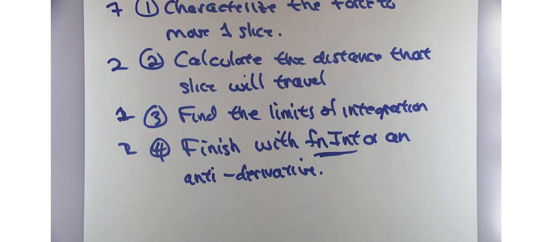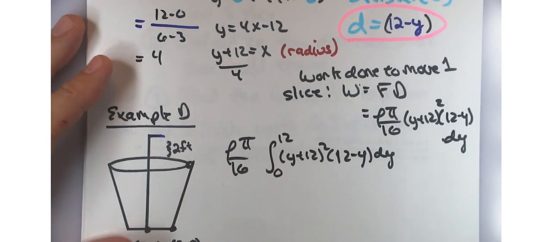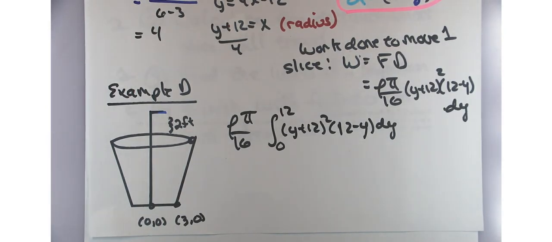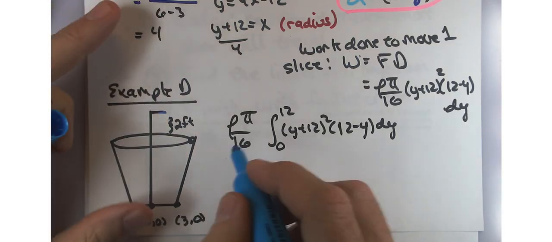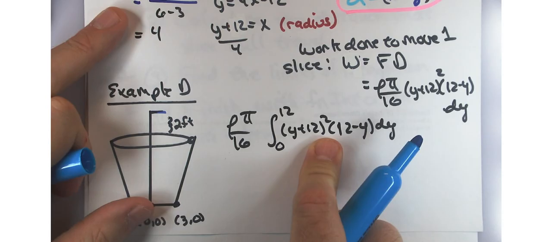Okay, let's move down here just a smidge, and we're going to make one change to our problem, but it's going to change our integrand. Let's see if we can finish off that change. Do we want to take a minute and practice our fnInt, or are you good with that command in your calculators? Can we practice it? Okay.